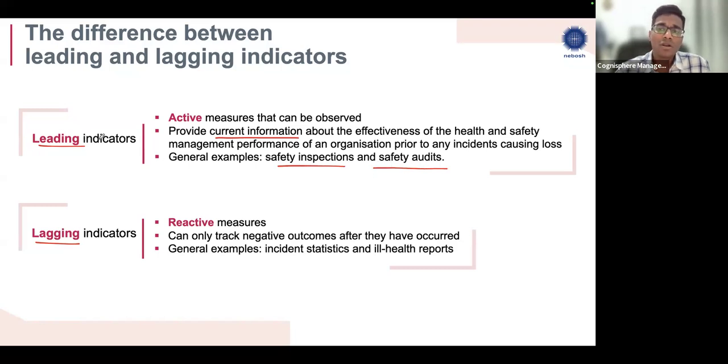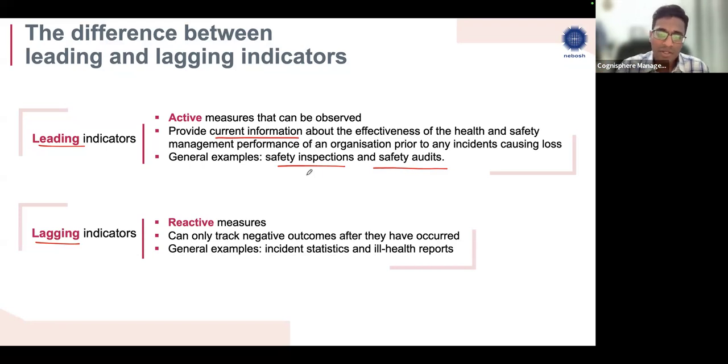Why it is called a leading indicator is that safety inspections give you the findings before an adverse event has happened. For example, if for the last 3 months, as part of your safety inspection, you observe that the number of findings you recorded has reduced every month, this gives you an indication that the chance of a future incident has reduced.